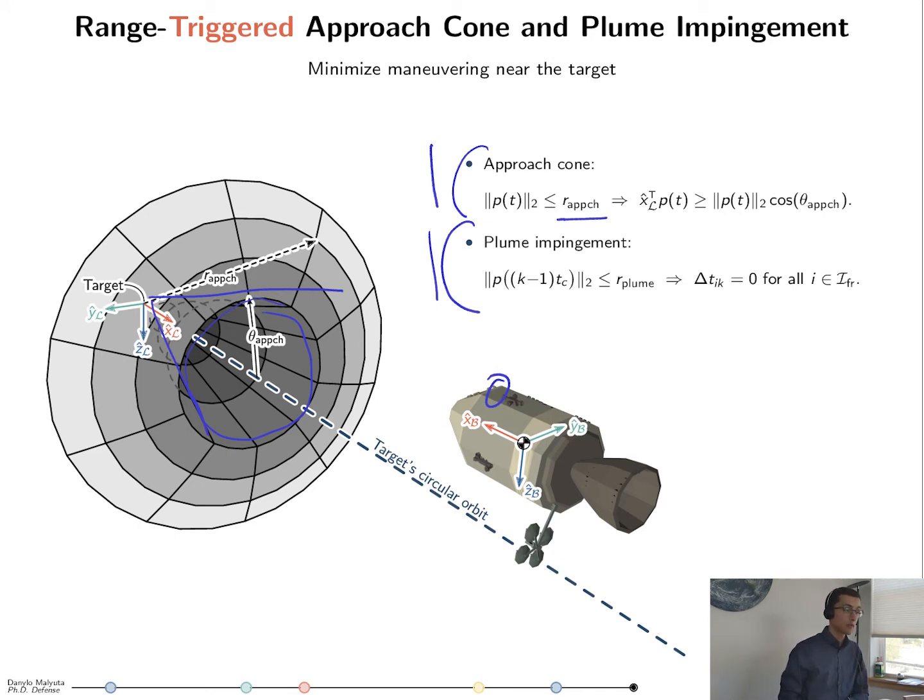The other related constraint is plume impingement, which says that similarly, if you're close enough to the target, don't fire your front thrusters because you might actually fry the exterior surface and hurt the thing you're targeting. So both of these constraints, again, are discrete logic constraints.